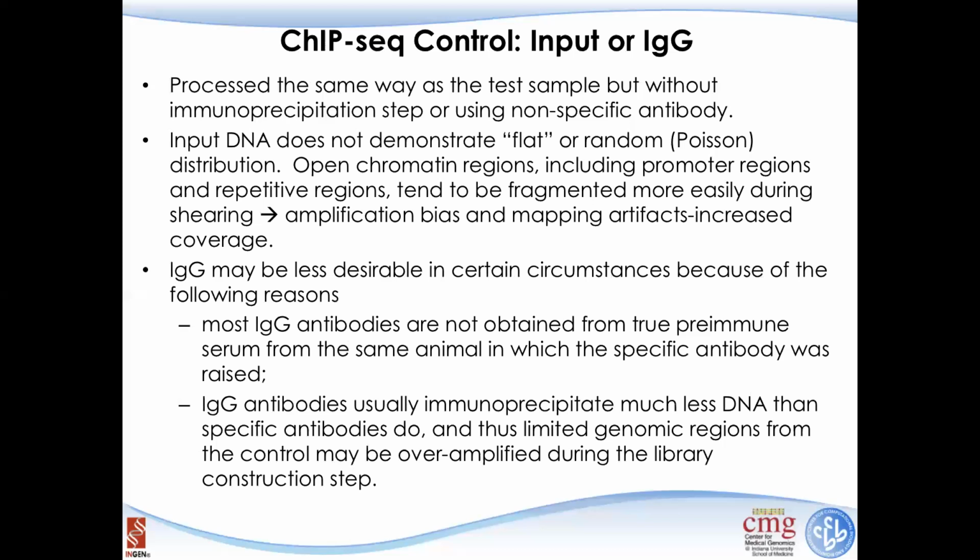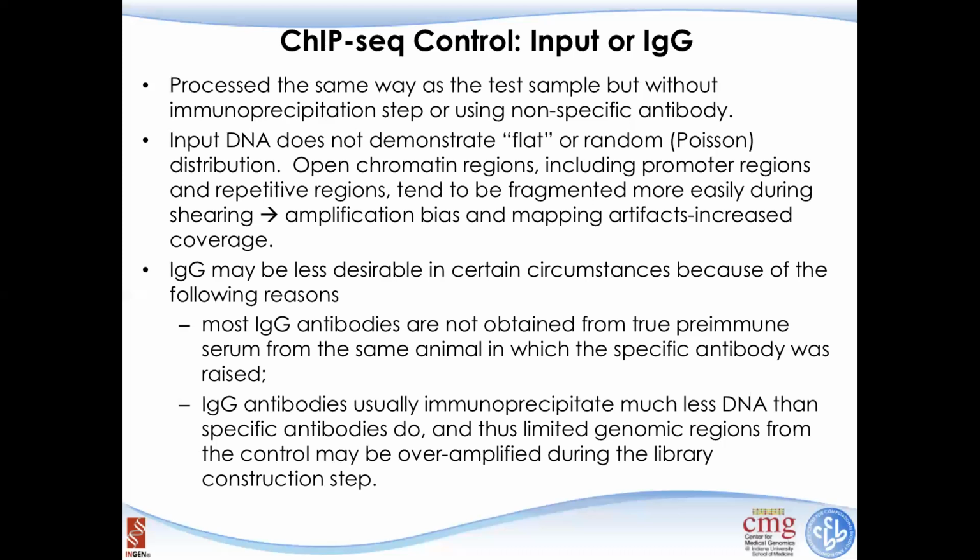Especially in some areas like open chromatin regions, promoter regions or repetitive regions, the DNA tends to be fragmented easily during the shearing and can be amplified and then mapped to the whole genome. That will result in false positives.